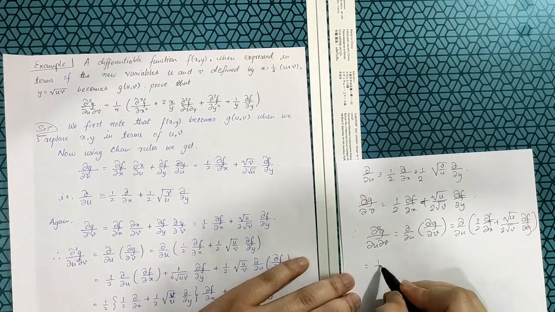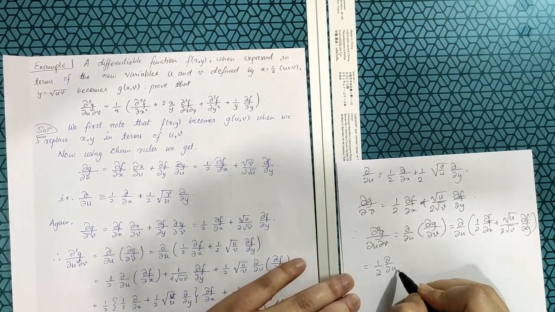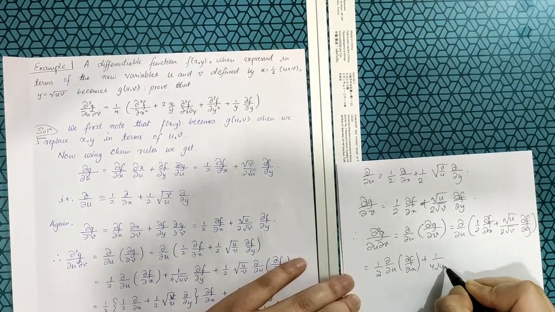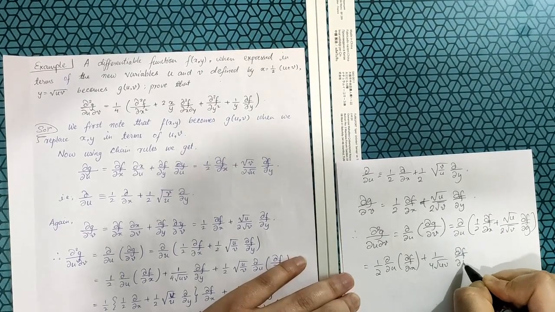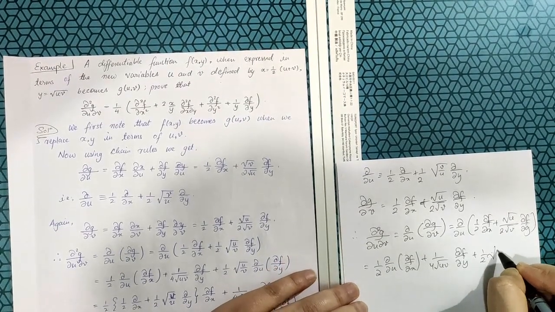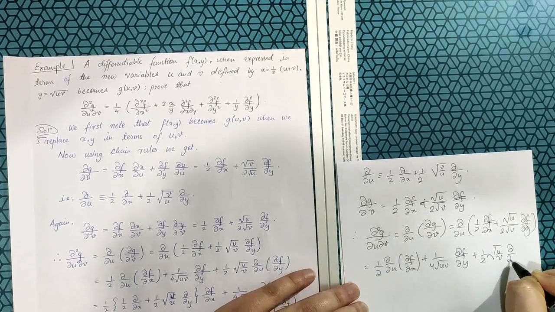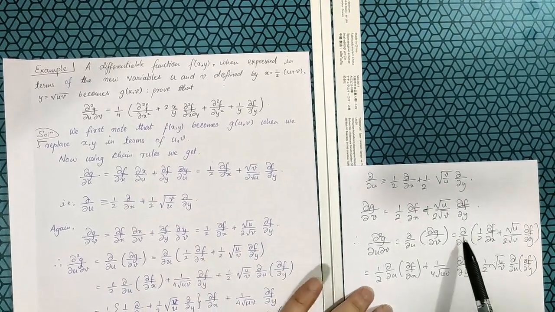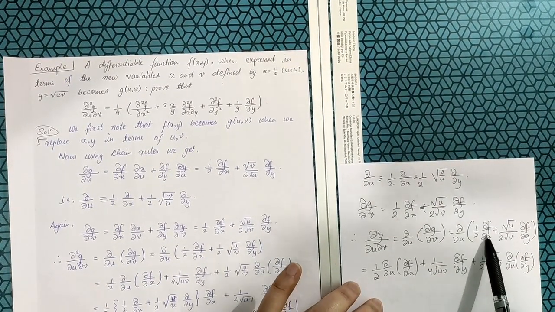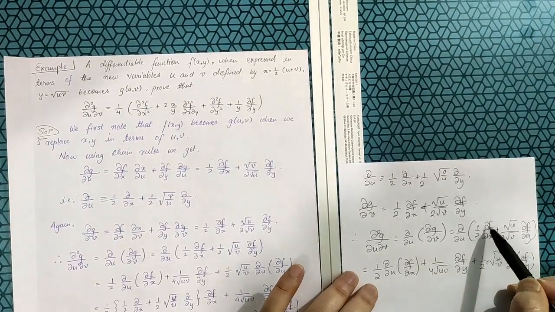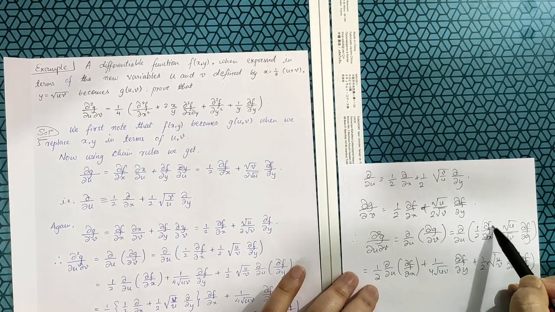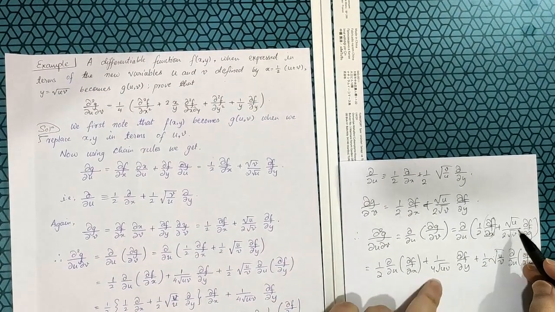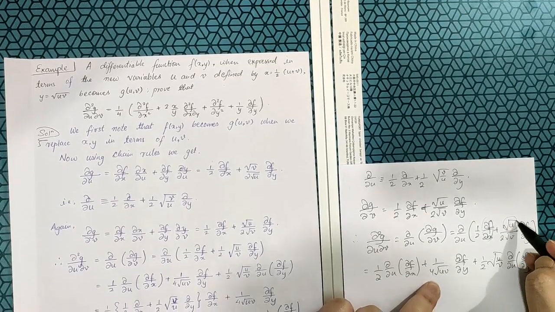So which will be 1 by 2 del u of del f by del x plus 1 by 4 root over uv del f by del y plus 1 by 2 root over u by v del u of del f by del y. See, when we partially differentiate this we get half del u of this quantity, but when we go here this will be u by v form. So what we get is we need to differentiate this first.